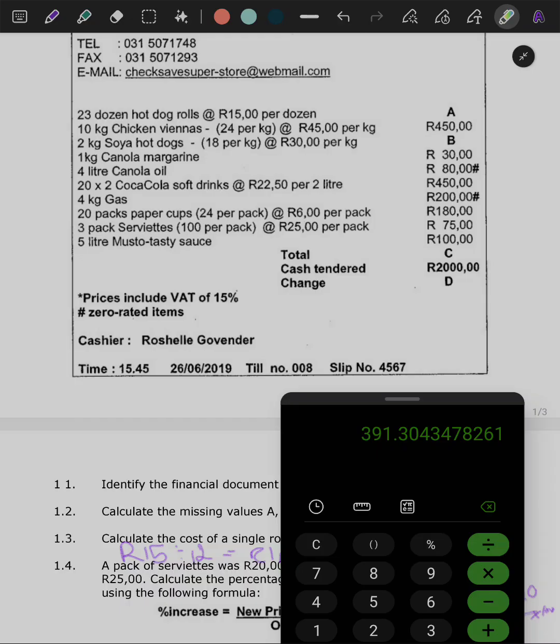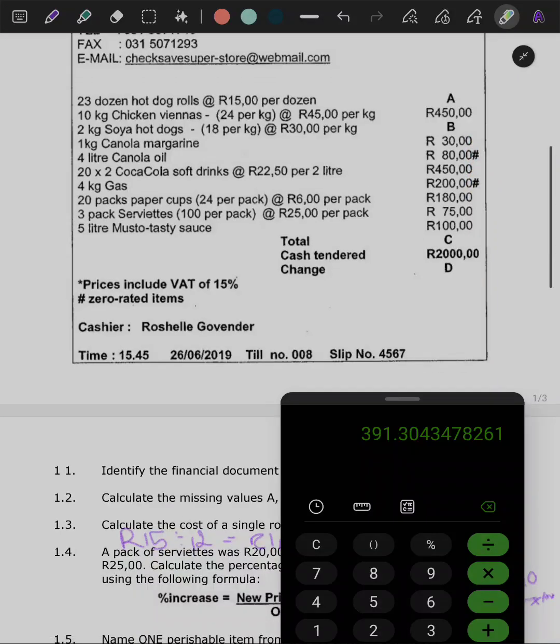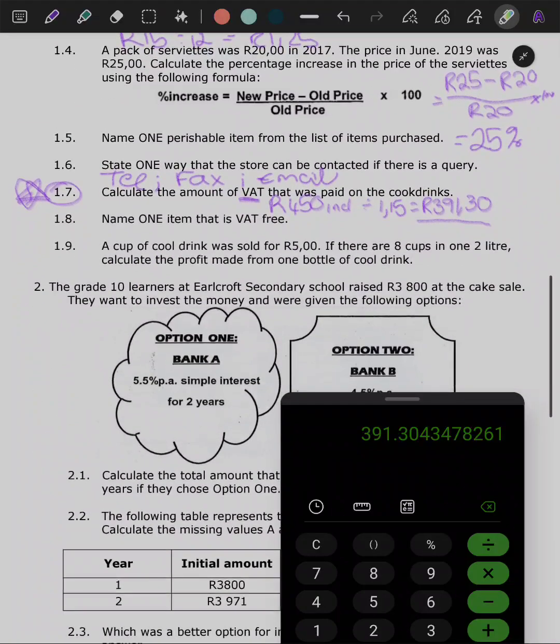So you want to be specifically looking for where it is actually marked off on your till slip and working from there. So we're going to do either gas or the canola oil. Those are the only 2 that we're going to accept in this case. And again, you're only going to state one of them. I'm writing both because you could have done either, but you will only write one down because they only ask you for one. So canola oil or the gas.